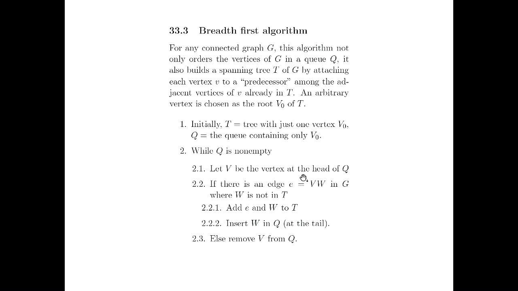Now, if there's an edge that leads somewhere we have not been before, to a vertex that is not in our tree, in that case, we add the edge and the vertex to our tree, but we also put that vertex in at the back of our queue, at the tail of our queue, right? And then once we've done that for every edge that was adjacent to our vertex at the head of our queue, then we've explored everywhere we can from there, and we drop that vertex out of the queue.